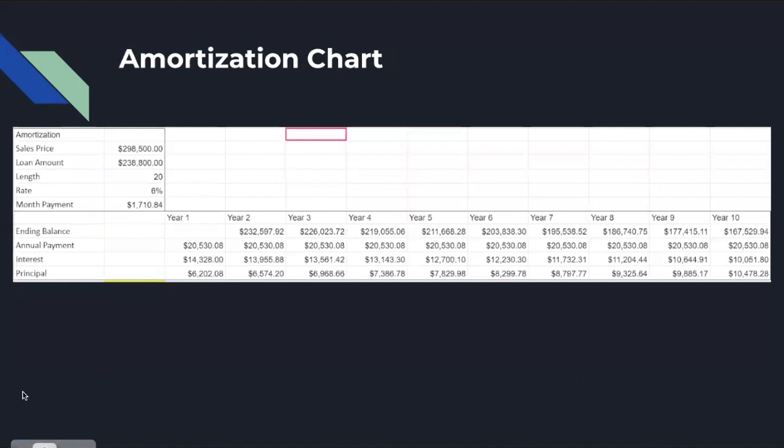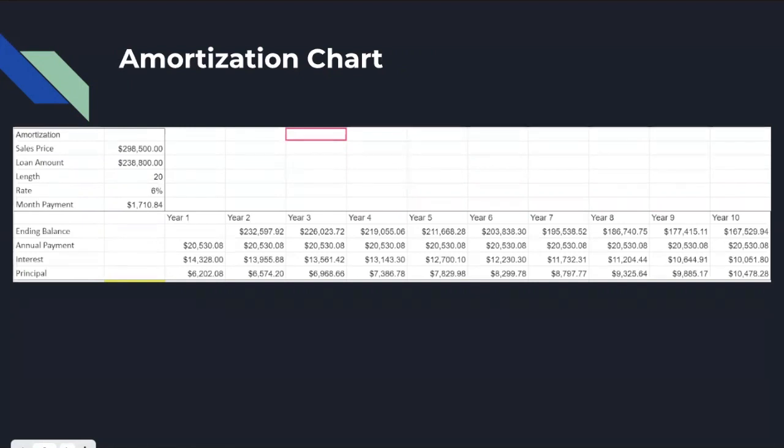And here, we thought it would be important to include an amortization chart. Another assumption that we made is that there will be 20% equity down. This was concluded just by looking at past assignments and industry averages of about 20% down on these types of investment properties. So that brings our loan amount down a little bit.